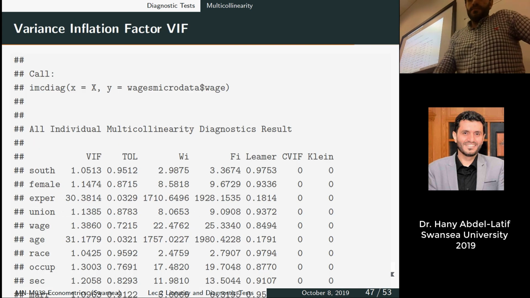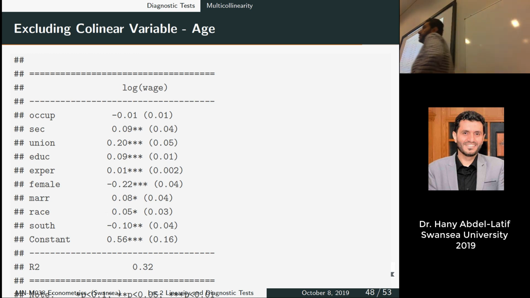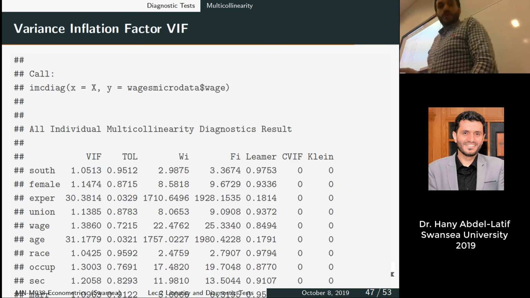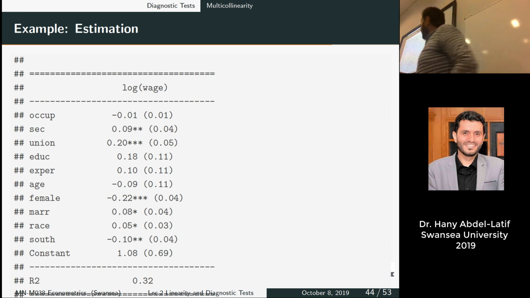So here is the first estimation without age. I dropped age. Let's look at education. Remember, education wasn't statistically significant. Now it is statistically significant. Experience wasn't statistically significant. Now it is. And we still have the high R-square we had before. If you compare this estimation, where most of the variables are statistically significant as we would expect, to our first estimation, where the important variables that we expect to be significant are not, education is not significant, experience is not significant, age is not significant.